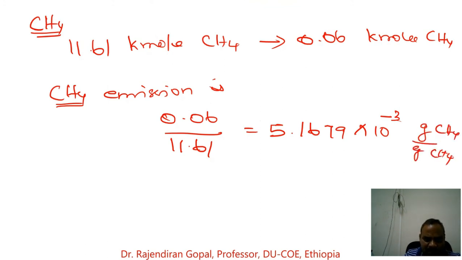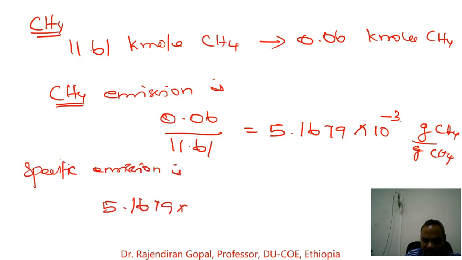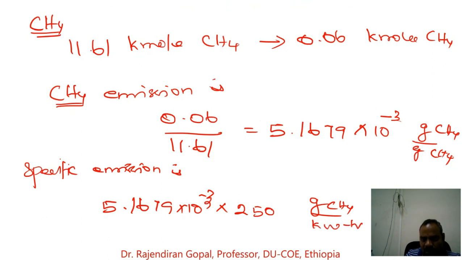Now the specific emission is 5.1679 multiplied by 10 to the power minus 3 multiplied by 250 gram of methane per kilowatt hour, so that we can get 2.368 gram of methane per kilowatt hour.